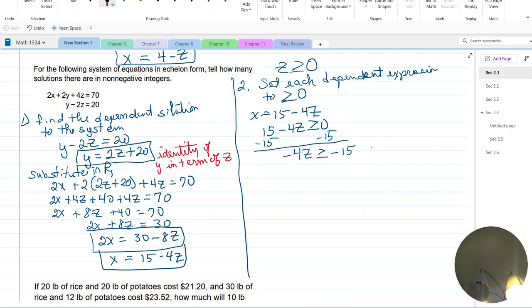When we divide, when an inequality is divided by a negative, then the inequality flips.